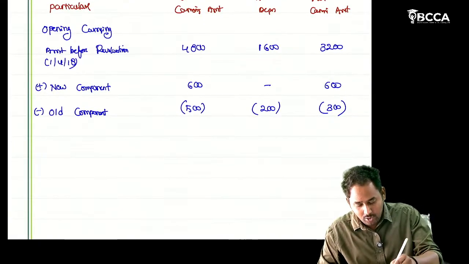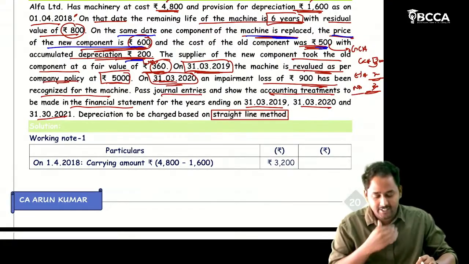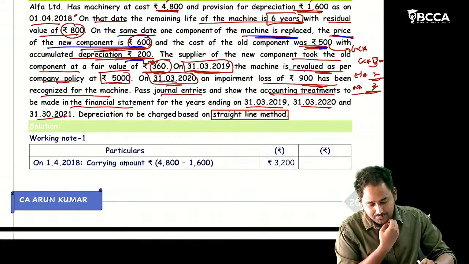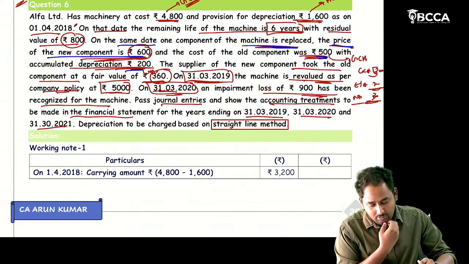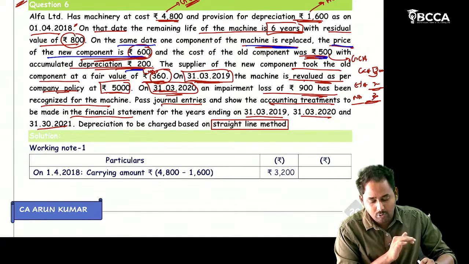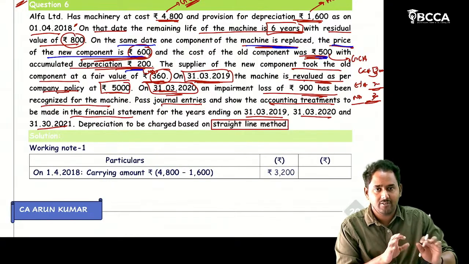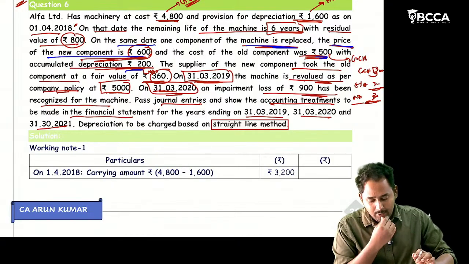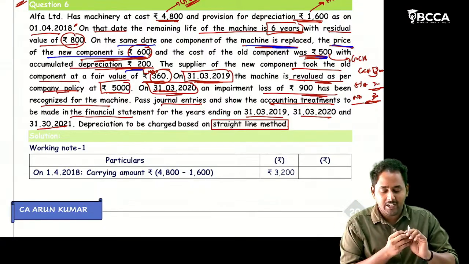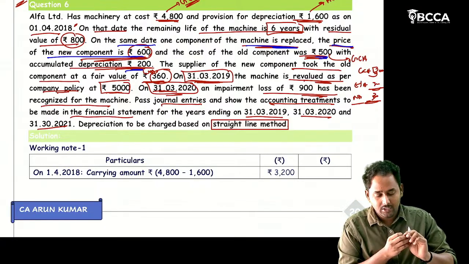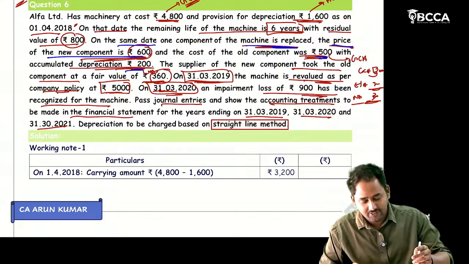Then what happened on 1/4/18? Is there any other element? No. The supplier of the new component took the old component at fair value 360. That's fine. It relates to the fair value gain. Now I should calculate for 31st March 2019.